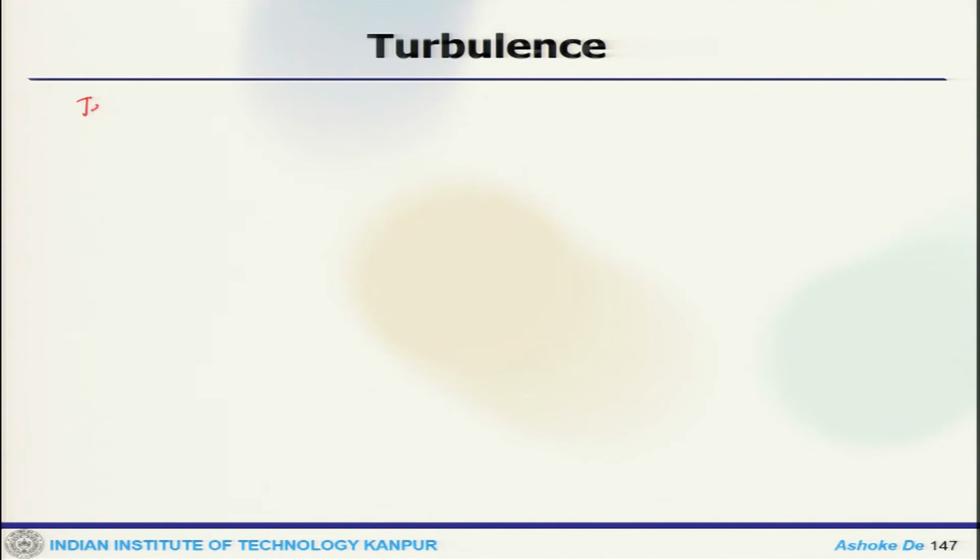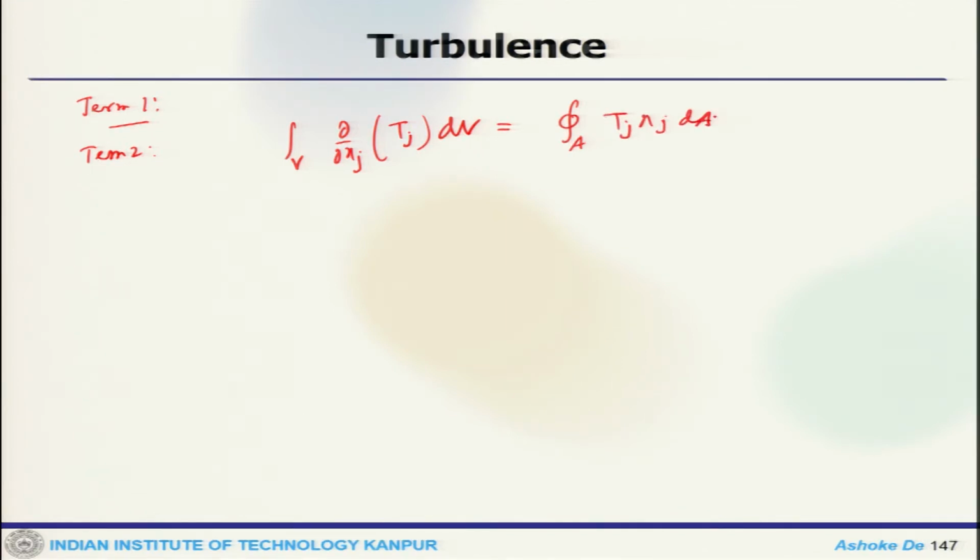Term 1 is energy production by pressure gradient, and term 2 is the spatial distribution of the energy by viscous and turbulent diffusion, which means if I integrate over the volume del Tj by del xj dV, I get the surface integral of Tj Nj dA, which is 0 when Tj equals 0 at A.